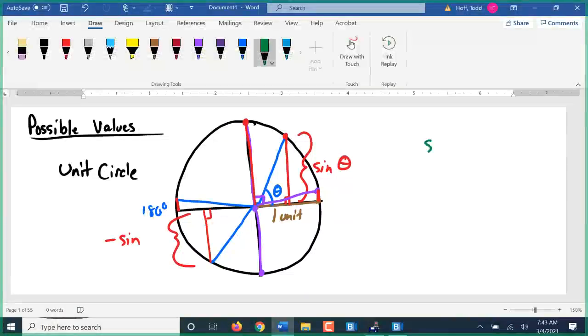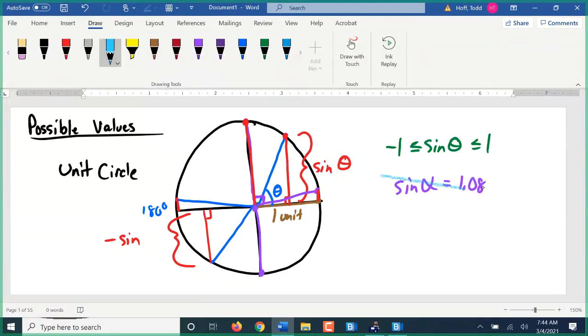So no matter what the angle is, the sine of that angle has to be greater than or equal to -1 and less than or equal to +1. So if you calculate the sine of an angle, let's call it angle alpha, and you come up with 1.08, that can't be true, because sine has to be between -1 and +1.